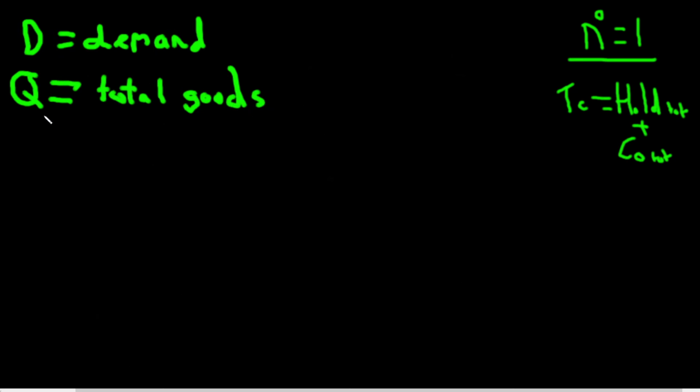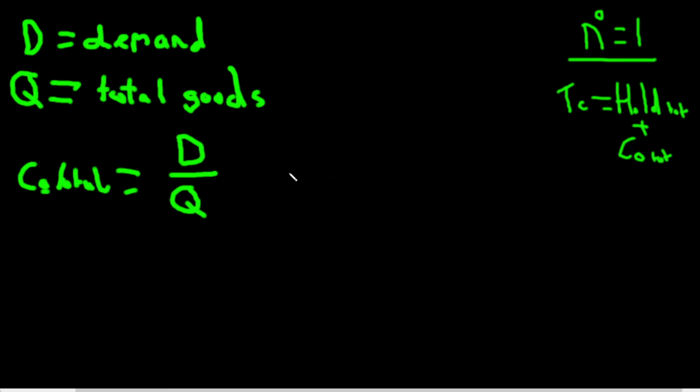So what we're going to do is this cost of ordering, the total, right? That equals basically your demand, which is how much do people want over the year, divided by how many goods you're going to want to order in.